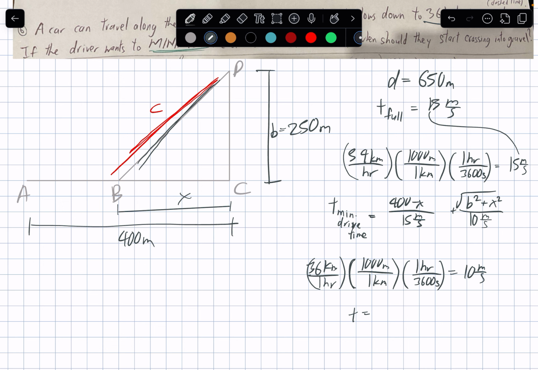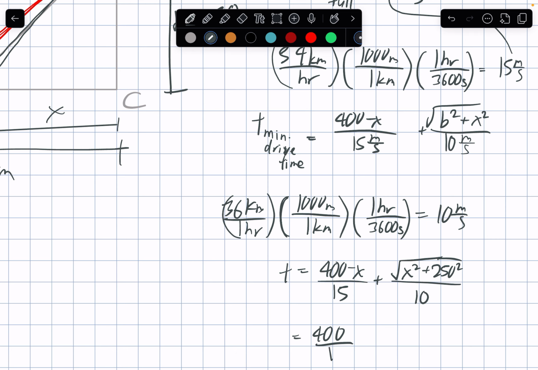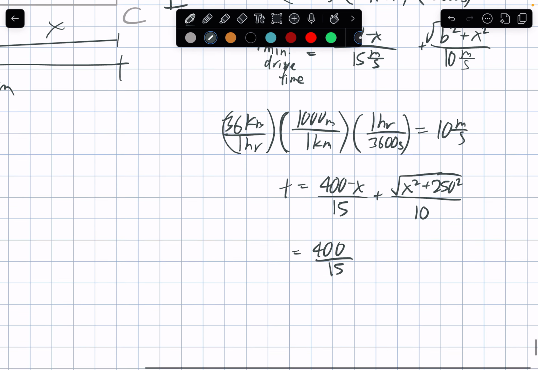What we do now is further simplify. So 400 minus x over 15 plus square root of x squared plus 250 squared divided by 10. 400 over 15 minus x over 15 plus square root of x squared plus 250 squared times 1 over 10.